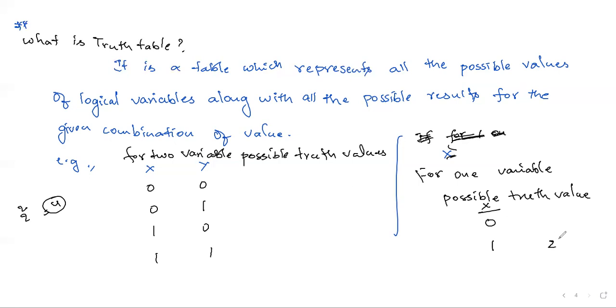For one variable, 2 power 1 gives 2 possible ways. For n variables, we get 2 power n possible values, where n is the number of variables. That many possible values we get in a truth table.